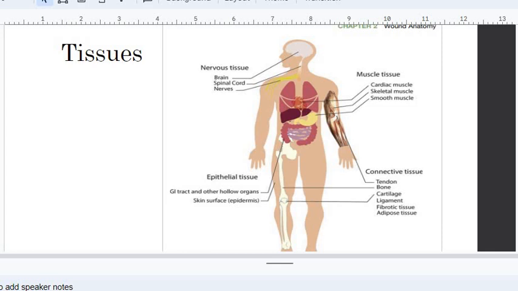So basically, there are four types of tissues in our body, and whenever there is damage to the body due to any external surgery, violence, accident, or chemical burn, then obviously there is damage to any of the four involved tissues. We will understand the basic anatomy of the wound with a simple example of a burn wound.